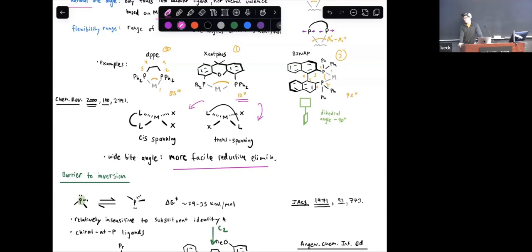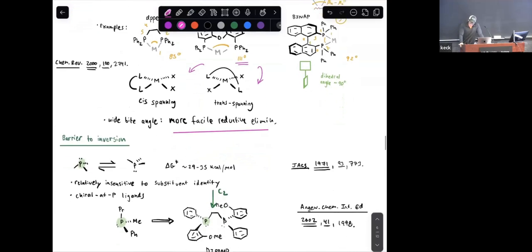What's the microscopic reverse of reductive elimination? Oxidative addition. So that's the yin and the yang of ligand design. A ligand that accelerates one elementary step through being wide bite angle would likely suppress an equally important elementary step, oxidative addition. So that's the key.